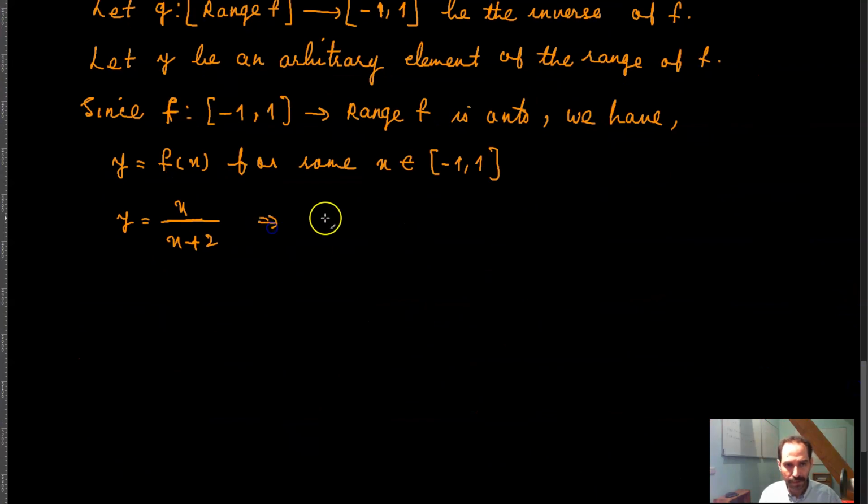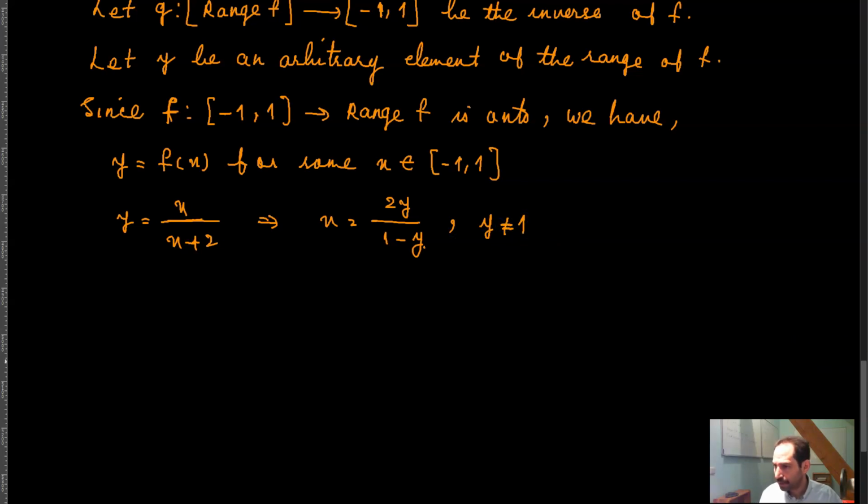So that gives us x is equal to 2y over 1 minus y, and here y is not equal to 1, of course, right?